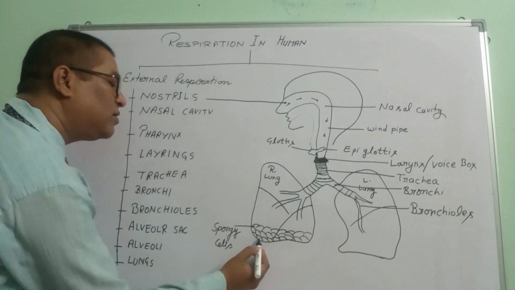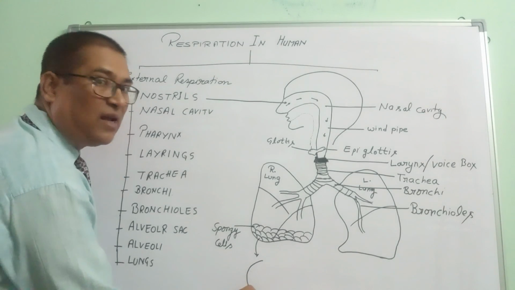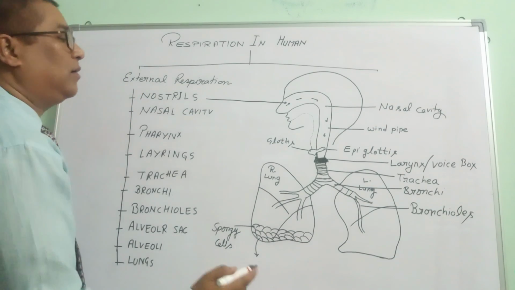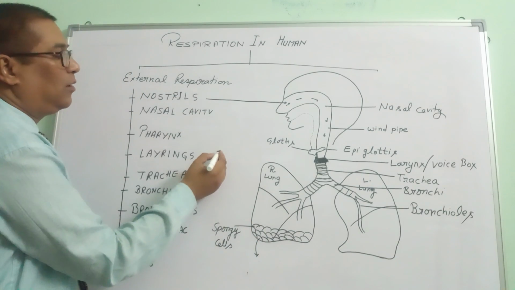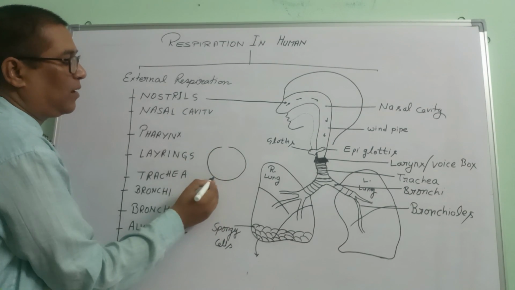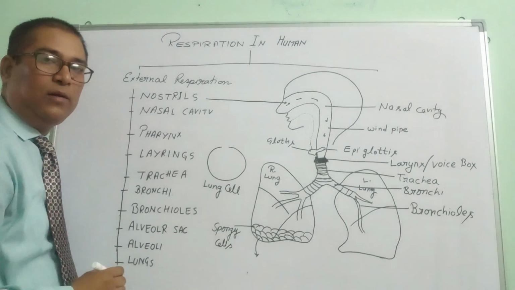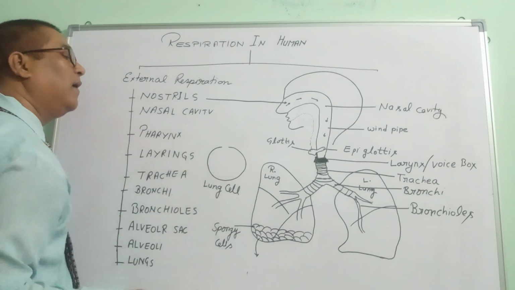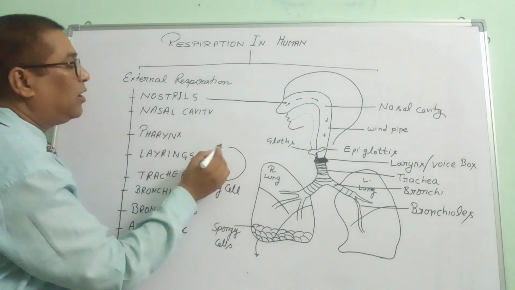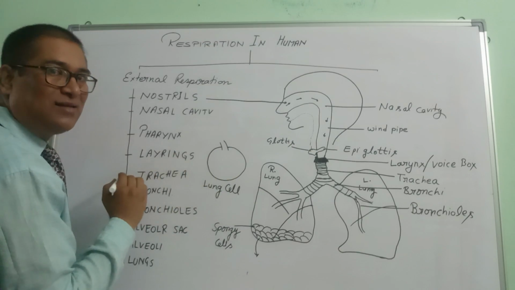And suppose this is the lung cell. I made a lung cell. Suppose this is the lung cell. This one. Right. Now this bronchiole again bifurcates and enters into the lung cells.